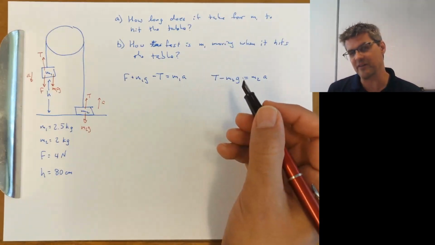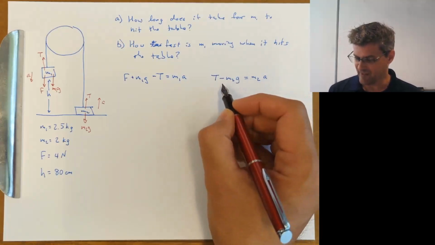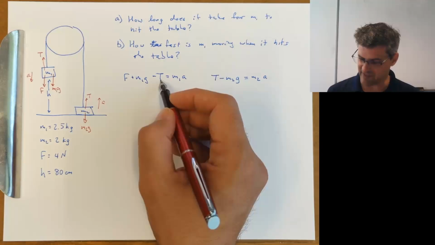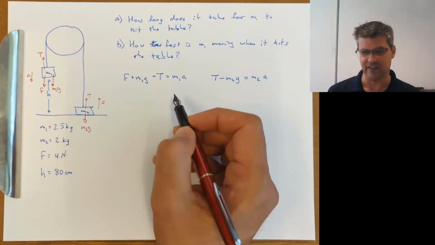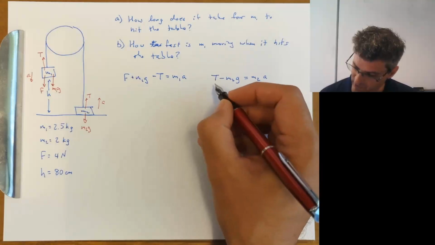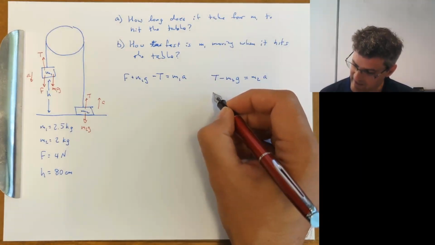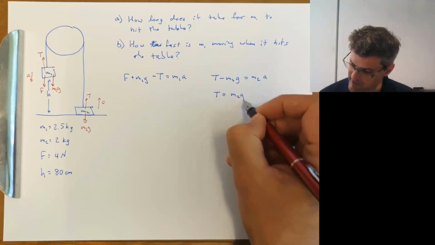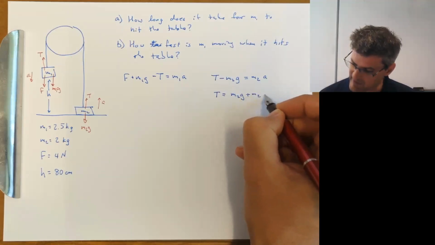So why don't I make this as easy as I can, solve one of these equations for tension, plug the tension into the other equation, and find out what the acceleration is going to be. Over here, I can say that the tension is equal to M2g plus M2a.